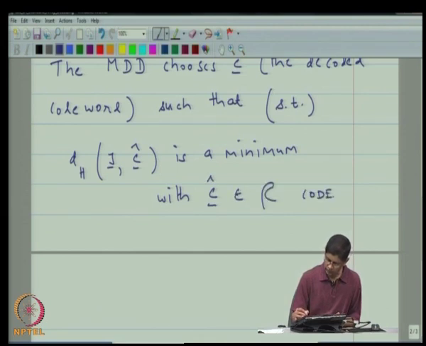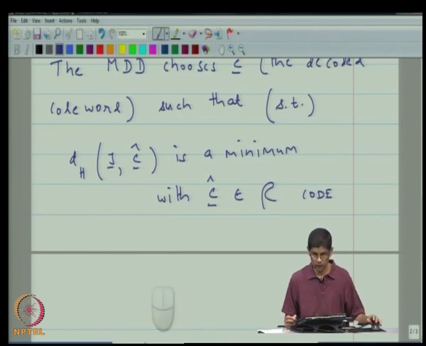Okay. So, this script C here denotes the code.